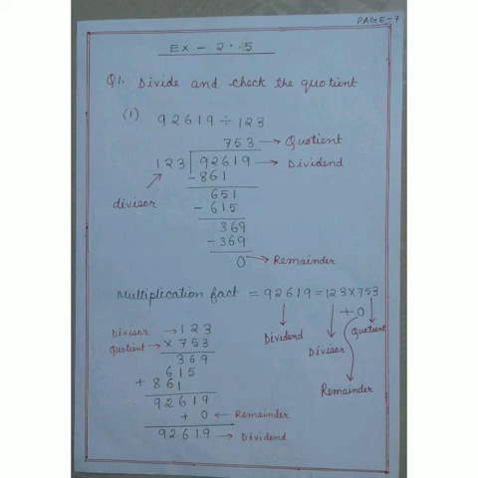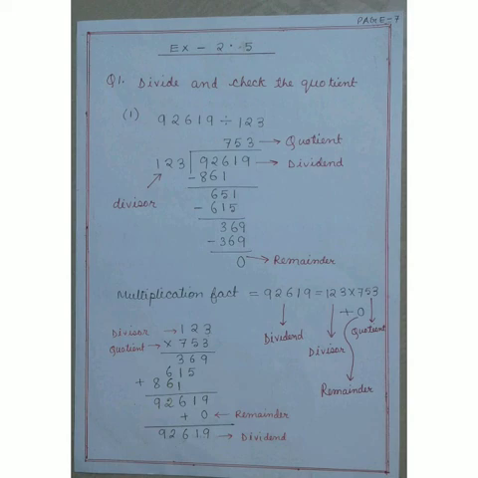From 926, 861 is subtracted, we get 65. From the dividend, 1 will come down and it will become 651. I can have 5 times as quotient, so I shall get 615. After subtraction, it is 36 and 9 will come down. 369 divided by 123, 3 times, it is 369.